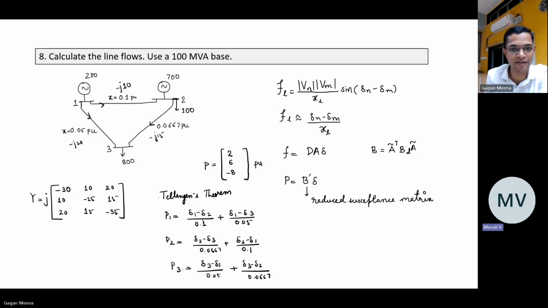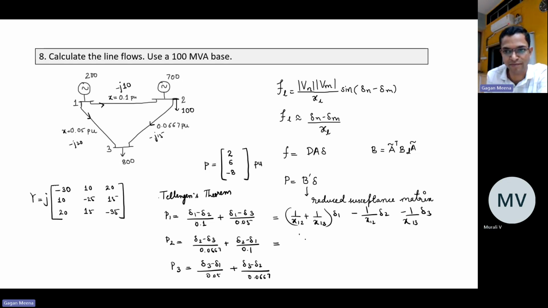Now this we can write as B12. Completely, we can write this as 1 by x12 plus 1 by x13, times delta 1, minus 1 by x12 delta 2, minus 1 by x13 delta 3.